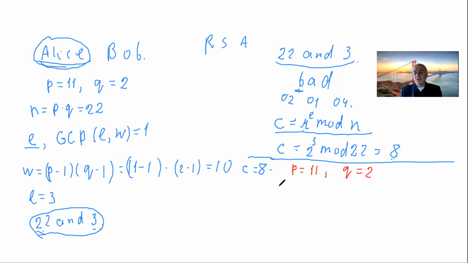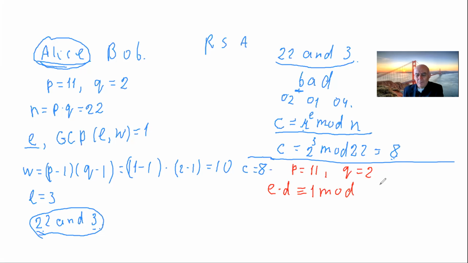This number is denoted by D, and Alice needs such a number D such that E is the inverse of E modulo... I have a question here. Two-choice test.